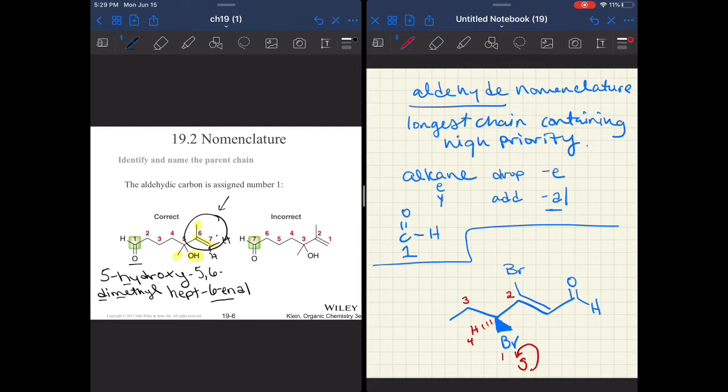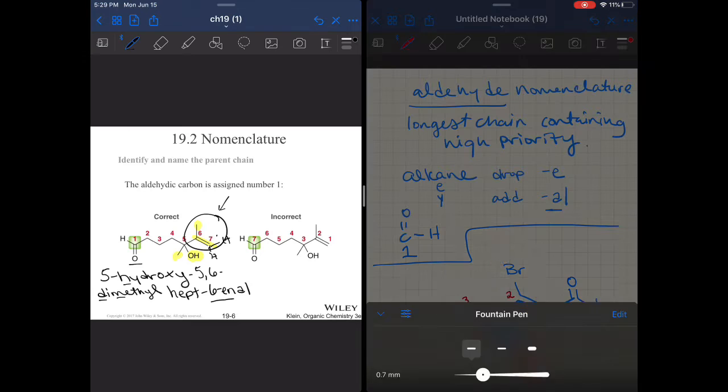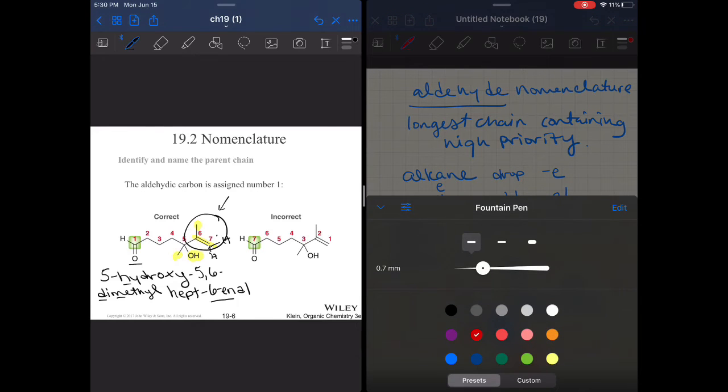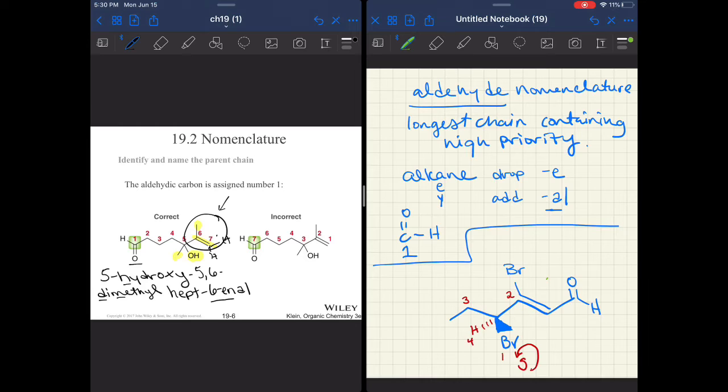Now, for the double bond, if we're trying to figure out E and Z, let's change this up to green. Here we go. You're going to cut down the middle of the double bond. Might be helpful to add in any hydrogens. And then you're going to do the same priorities, but you're just going to get a 1 and a 2. Bromine is higher priority than carbon.